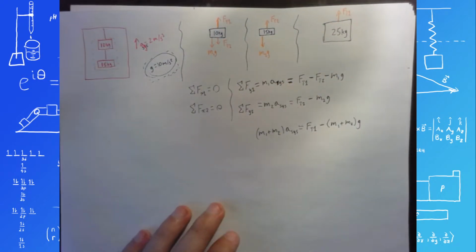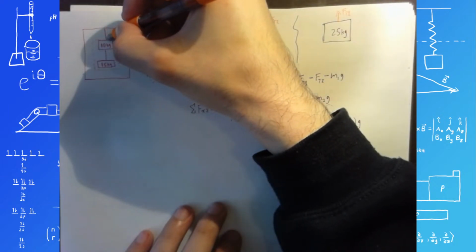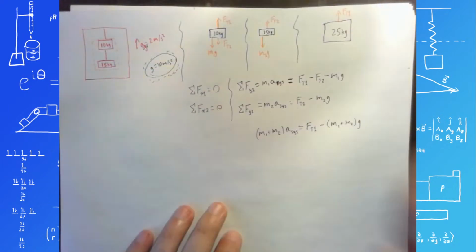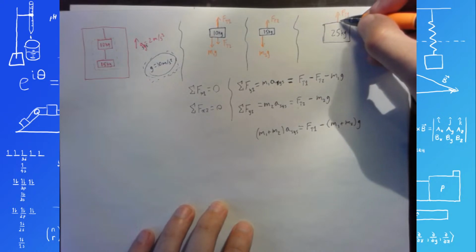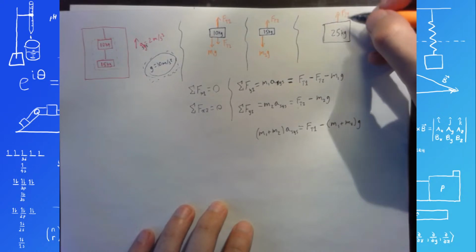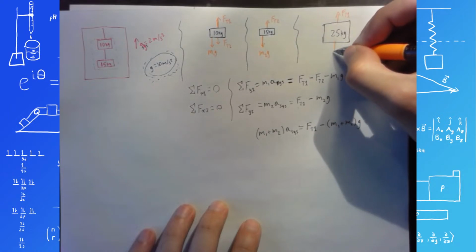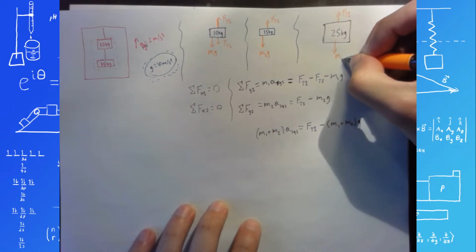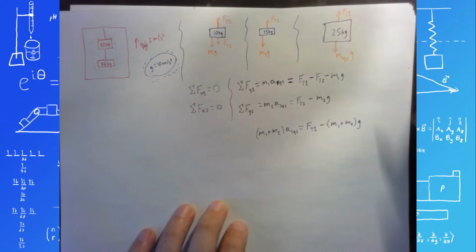Right there. That is our system. So it starts right at the bottom of rope 1. So yeah, force of tension 1 upward, and we've got the mass of our system times G, M system times G, and that would be it.